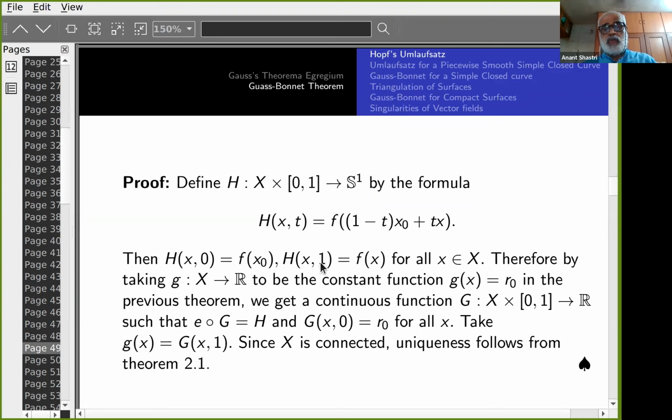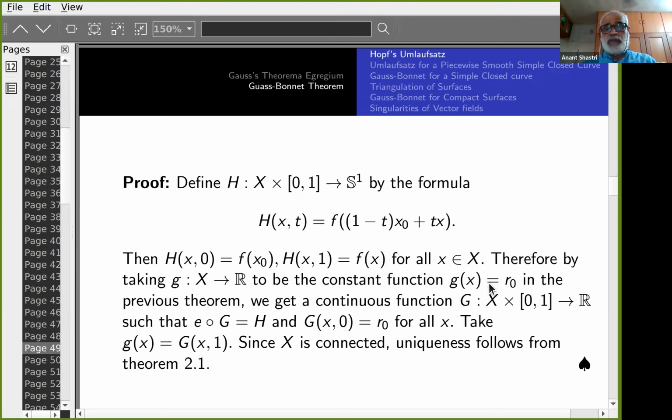When t equal to 1, H of (x,1) is just f of x. So it is a given function. So what we have is that the function f is homotopic to the constant function f(x0), via this homotopy, provided X is a convex set.